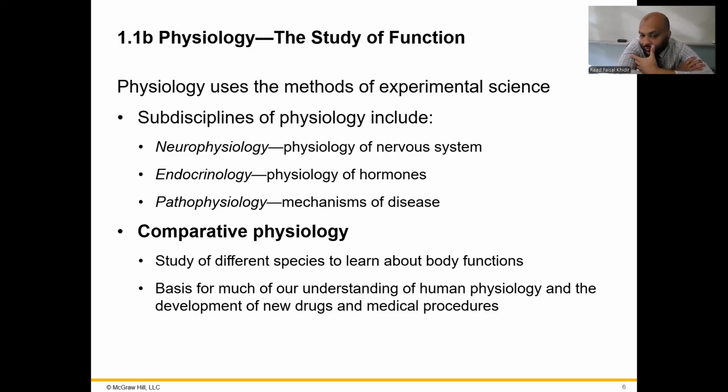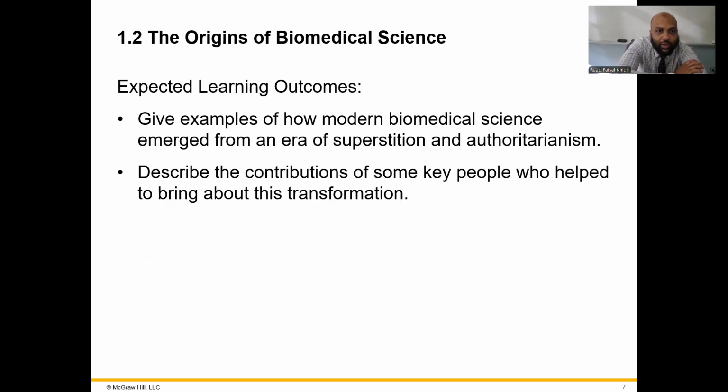The basis for much of our understanding of human physiology and the development of new drugs and medical procedures is based on this comparative physiology. When we compare, maybe we can run this not on a human being, but we can run it on a monkey, for example.